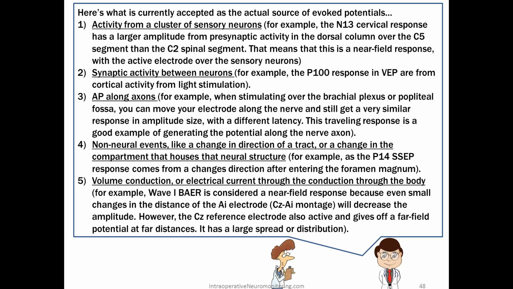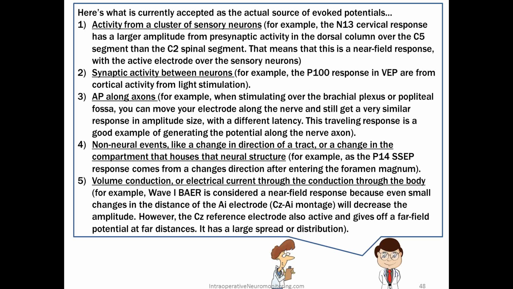So when we stimulate over the brachial plexus or the popliteal fossa or over the nerve at the elbow or anywhere else, you can move your electrode along the nerve and still get very similar responses in amplitude size with a different latency. And that's assuming that you are keeping the distance between the electrode and the nerve the same. So if you're recording over the elbow and then recording over the bicep, you probably won't get the same amplitude just because there's too much tissue in the way by the bicep.